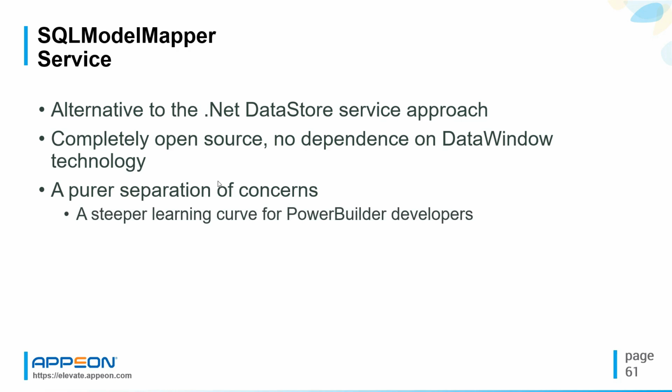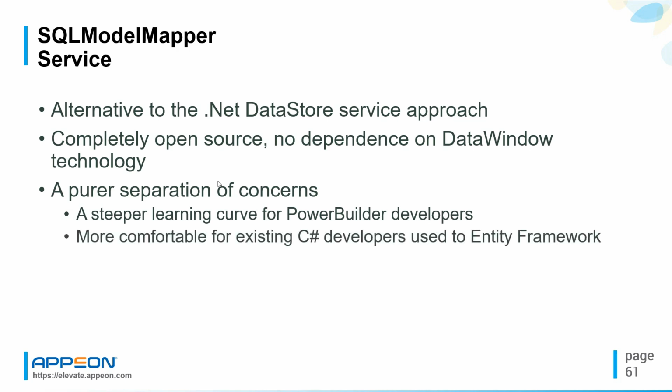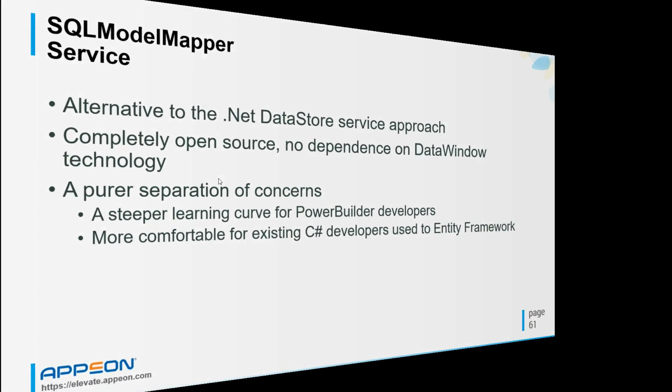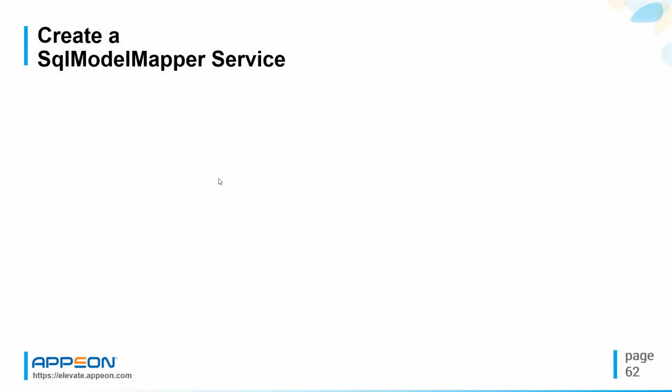It's not going to be .retrieve, .update. It's going to take a little bit more work if you're not familiar with C#. If you are familiar with C#, particularly if you're an Entity Framework developer or have some .NET Framework experience already, it'll probably be a lot more comfortable for you. It'll be something you would probably recognize fairly easily.